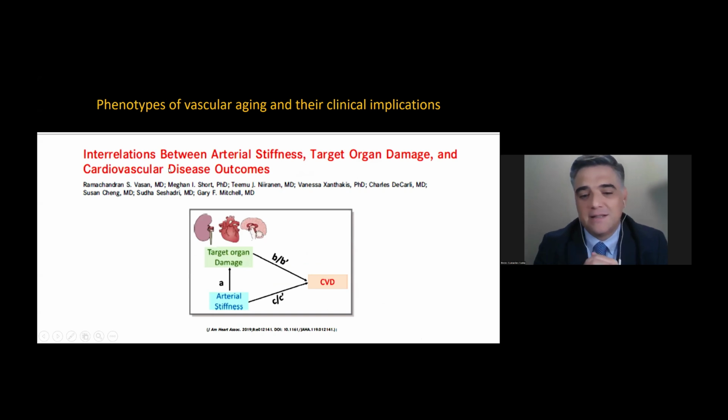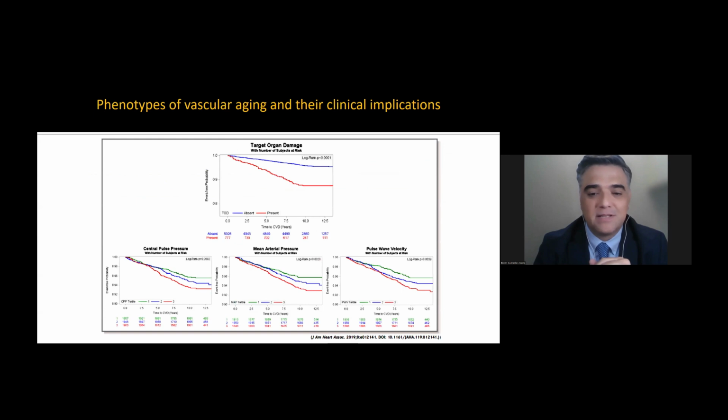And finally, the importance of vascular aging phenotypes is not only their direct importance as influencing or determining independently the risk of developing cardiovascular disease, but also the influence that they have on the development of other target organ damage, and therefore in an indirect manner they strike twice on the risk of cardiovascular disease: one through their direct interaction and independent predictive power for the development of cardiovascular disease, and the other through the interaction with other organs and their ability to develop subclinical organ damage.